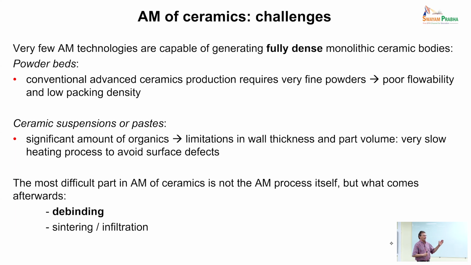For instance, if you want to make fully dense monolithic ceramic bodies, you cannot use powder beds. If you have ceramic suspensions, that photopolymerization, you have limitations in wall thickness. With pastes, you can do that, but then you have a very strong stair-stepping effect. So you need to do post-processing if you need smooth surfaces.